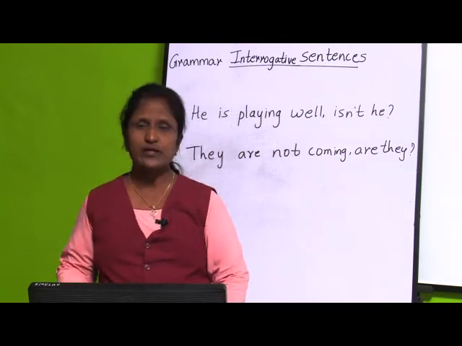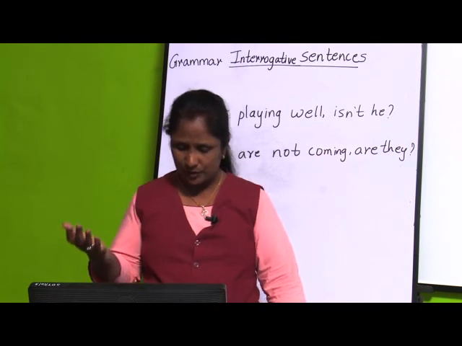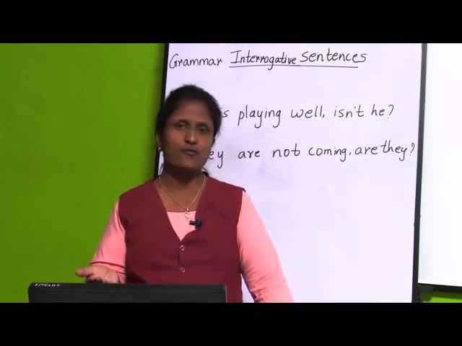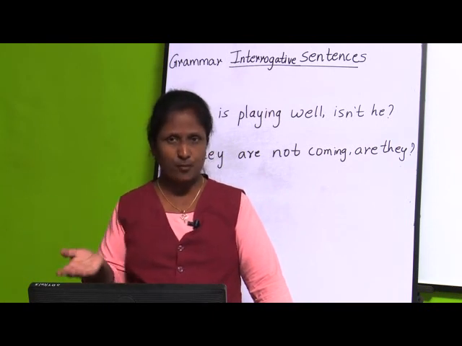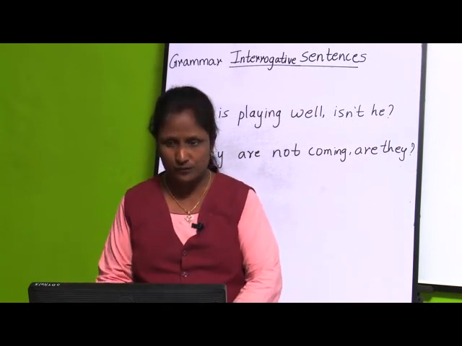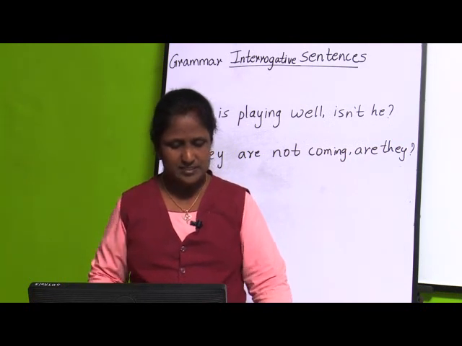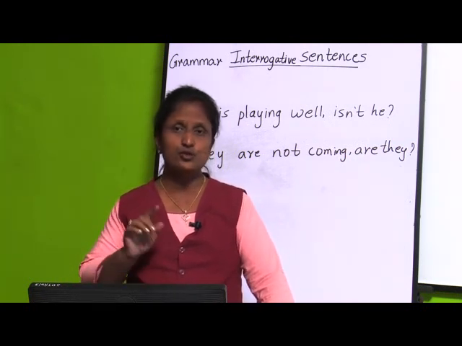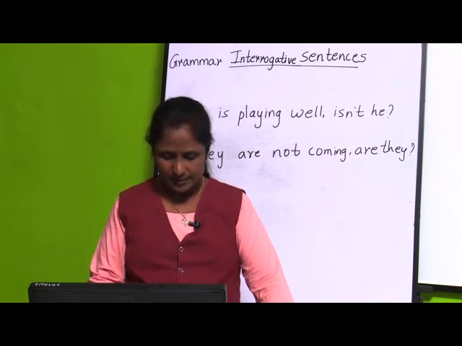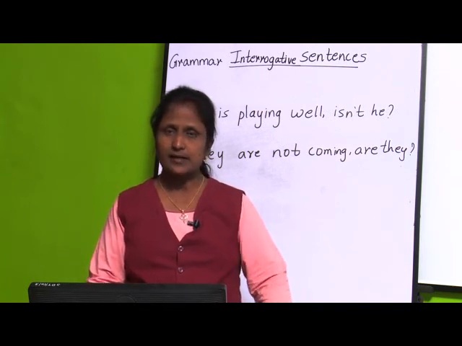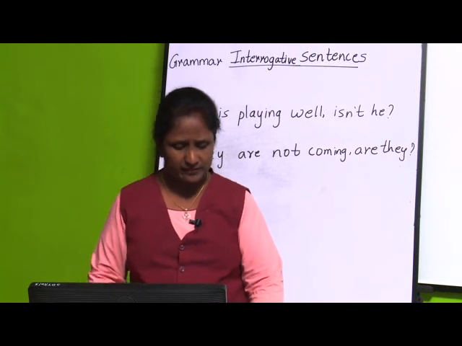Also, if the be form of verbs is there, we use it first, in the beginning of the sentence. I am happy, am I happy? Then, if it is in simple present tense, we use do or does. If it is in past tense, we use did, and in this way we form the interrogative sentences.